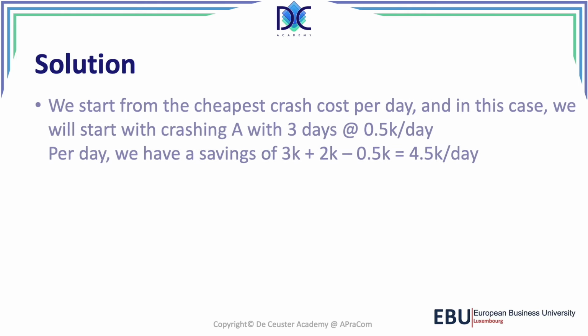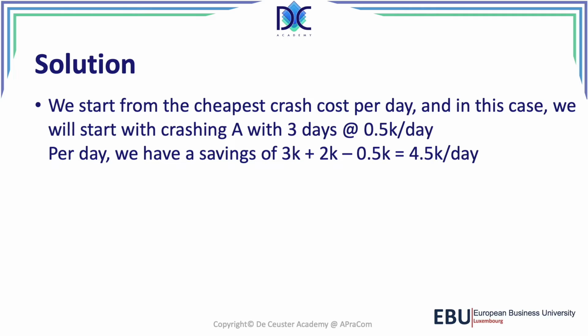What are the solutions? Well, like I said, we start with the cheapest crash cost per day, crashing A with 3 days, so we have 0.5K per day. We also have the savings of the fine, which is 3K. We have the savings because we have 1 day less of project management, so it's 2K, but we have to pay more for crashing A at a crash cost of 0.5K per day, which gives us a total effect of 4.5K per day.